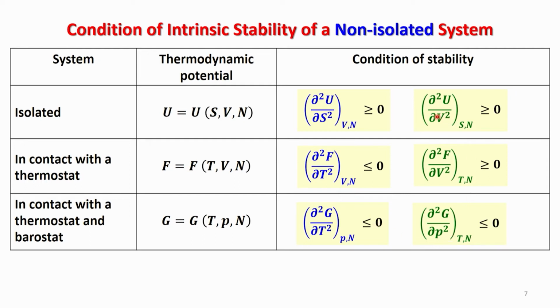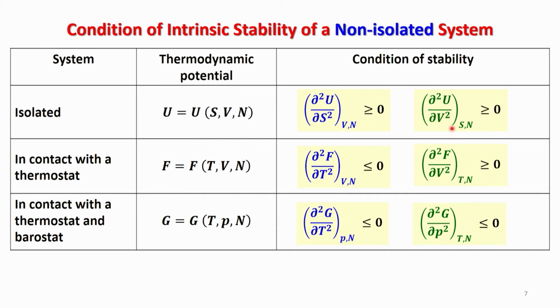Now, from these results, what is it that I have learned? I have learned that starting from these two conditions, I can look at any behavior of F either as a function of T or F as a function of V, and look at the nature of F locally to find out whether it is convex or concave with respect to its variables T and V. Now, here there is another observation.